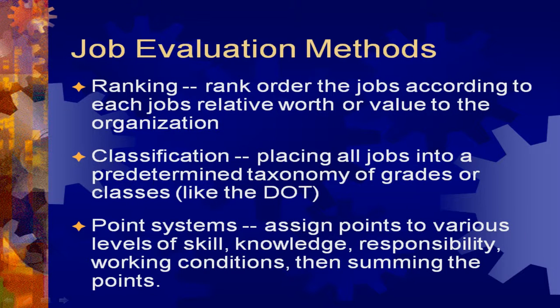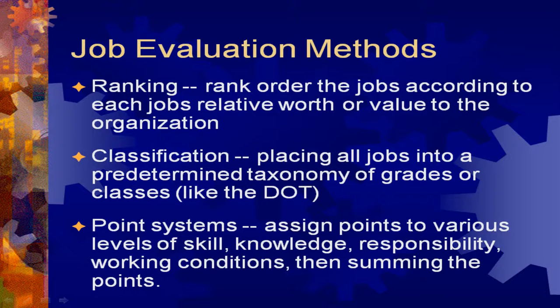Now the job evaluation can be done through various methods: the ranking, classification and point systems. Now let me explain all these three. Ranking. It means rank order the jobs according to each job's relative worth or value to the organization. The classification.